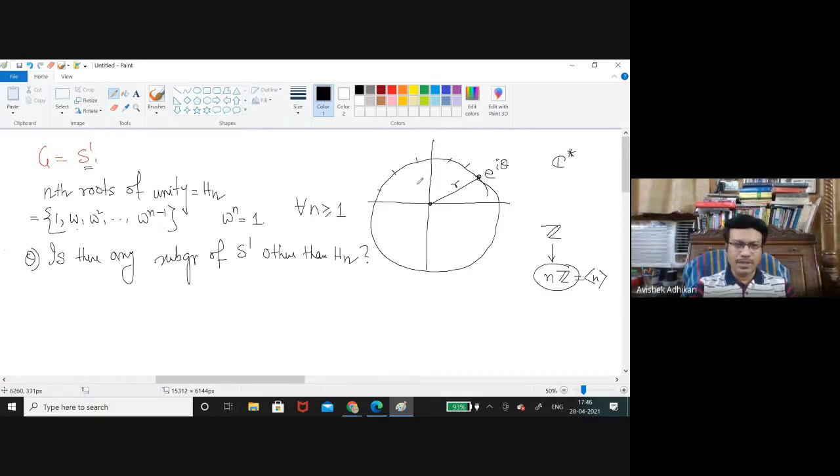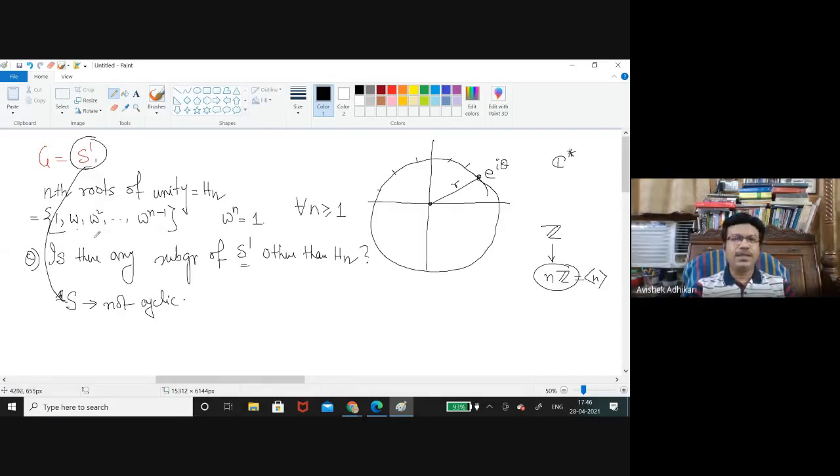Now the question is, does S1 contain only this type of subgroup or any other type of subgroups? It may happen that S1 contains some subgroup S such that S is not cyclic. Might happen. Then your answer S1 will not be the actual answer, because if I am able to find such an S which is not cyclic, then your answer would be wrong, right?